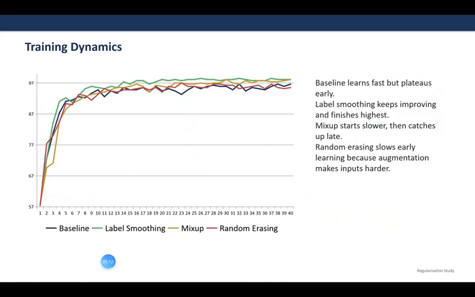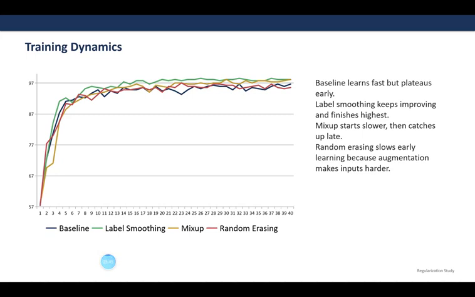Okay, this slide looks at how validation accuracy changed during training. The baseline learns quickly, but it plateaus relatively early. By around epoch 20, it is already close to its final level. Label smoothing behaves differently. It continues improving later into training and ends at the highest level. Mixup starts more slowly, which is expected because it is training on interpolated examples rather than on clean images.